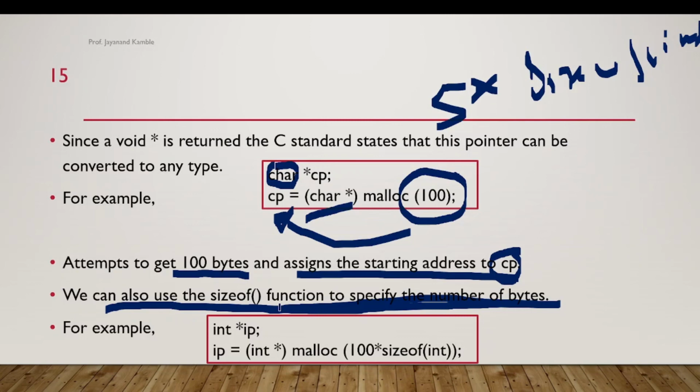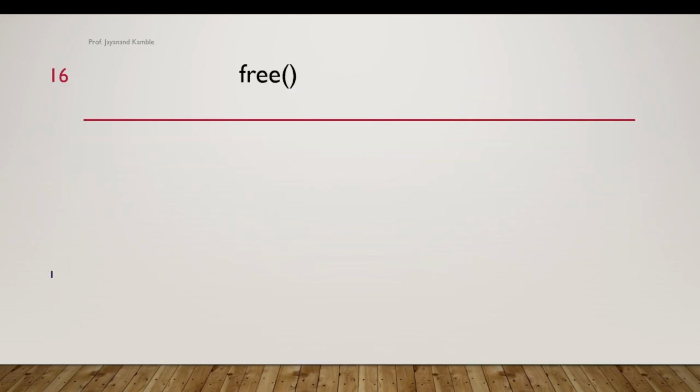The initial address of whatever 200-byte block we get will be stored in ip, the integer pointer. Are you getting this? That means this pointer is going to point to a memory block of size 200. Is this clear to everyone? This is the way in which we use the malloc function.